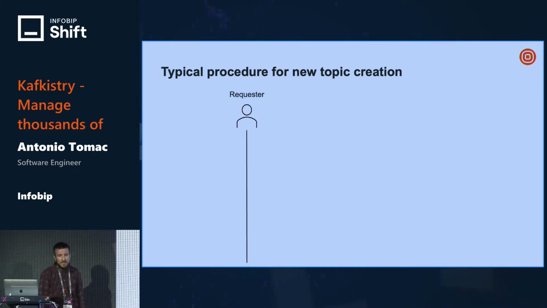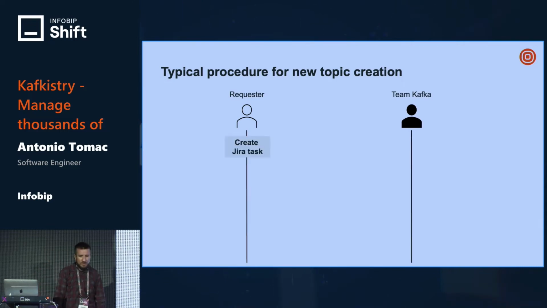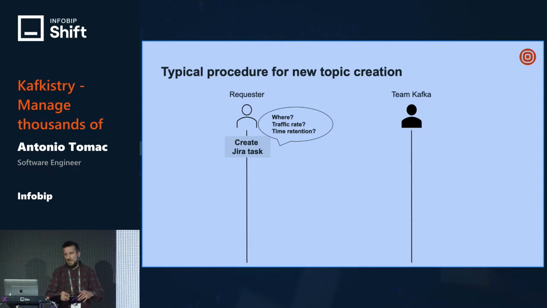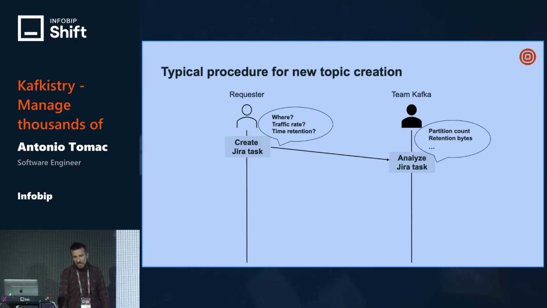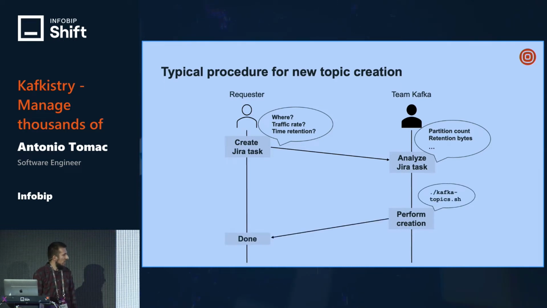The requester would come in, he or she would then create a Jira task for creating a new topic with a description of where this topic will be needed, some estimates about how much traffic is expected there, what is the needed time retention, and then somebody from Team Kafka would need to take this task, analyze it, and propose an appropriate number of partitions, and calculate the needed retention for that topic. And after that, actually prepare the command to execute creation, and then we would be done.